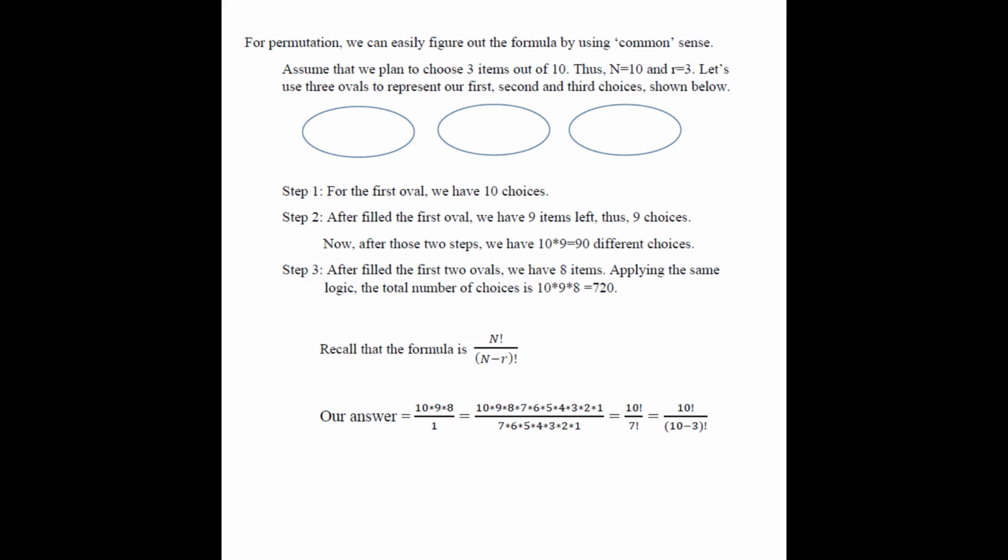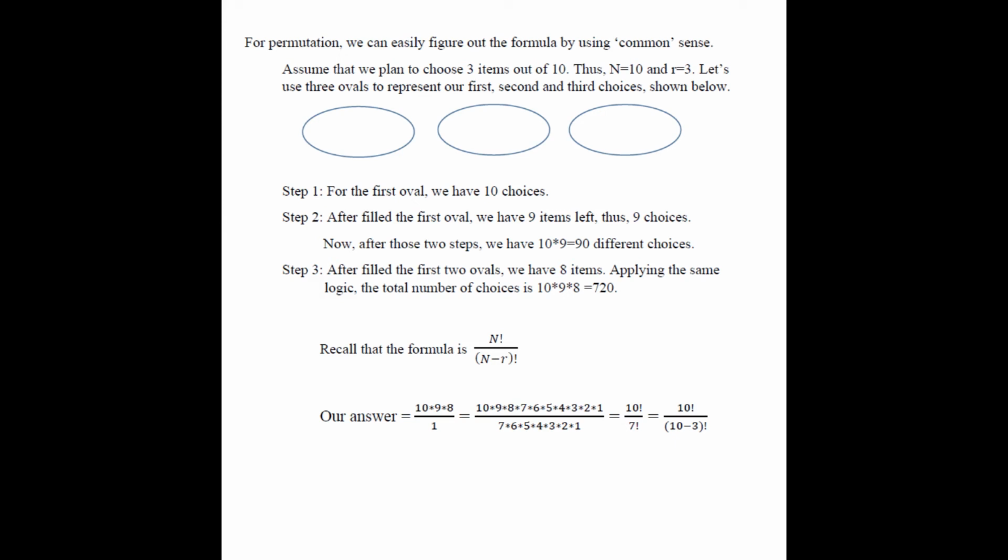For permutation, we can easily figure out the formula by using common sense. Assuming we have 10 items, we plan to choose 3 out of them. So every time we choose 3. In this case, n equals 10 and r equals 3.